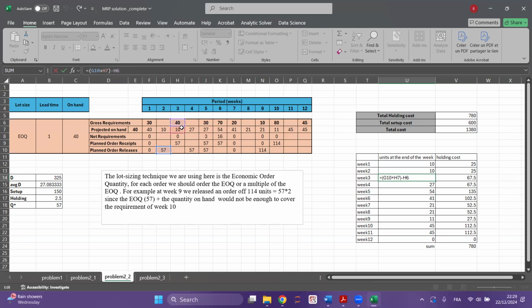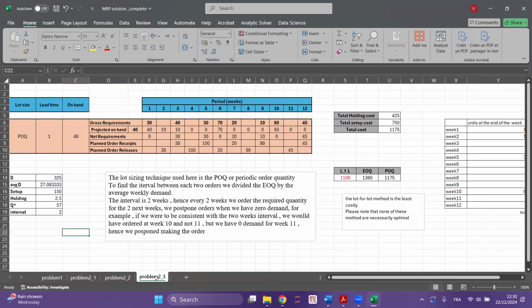We used the 10 units we already have, and we completed our requirements by taking from the order we got that week. Okay, so the rest of the calculations are done the same. We end up with a cost of 1,380.